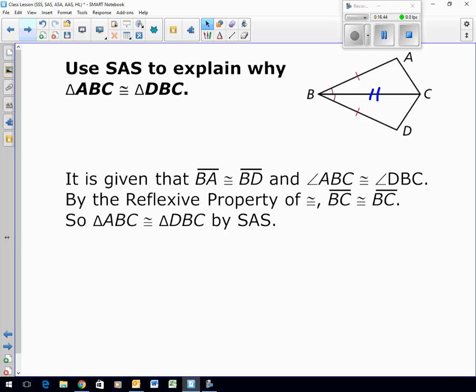Yes, this reflexive property is now going to become really important to us, right? All of a sudden, I got to use the reflexive property over and over again. That would help me out when I do these congruent triangles. Okay. All right. Now let's see if we understand this a little bit more.